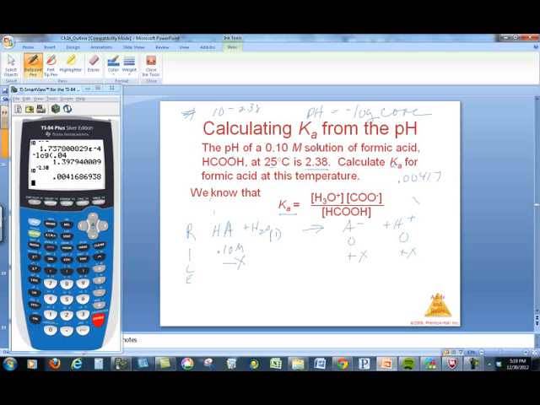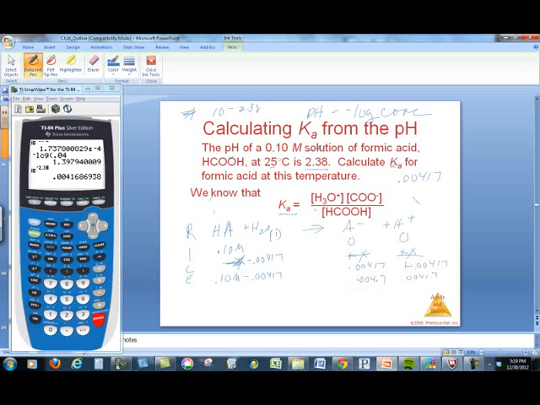So let me change this to minus 0.00417. I'm going to do plus 0.00417 and plus 0.00417. Okay. So at equilibrium, I'm going to have 0.10 molar minus 0.00417, and here I'm going to have 0.00417 and 0.00417.